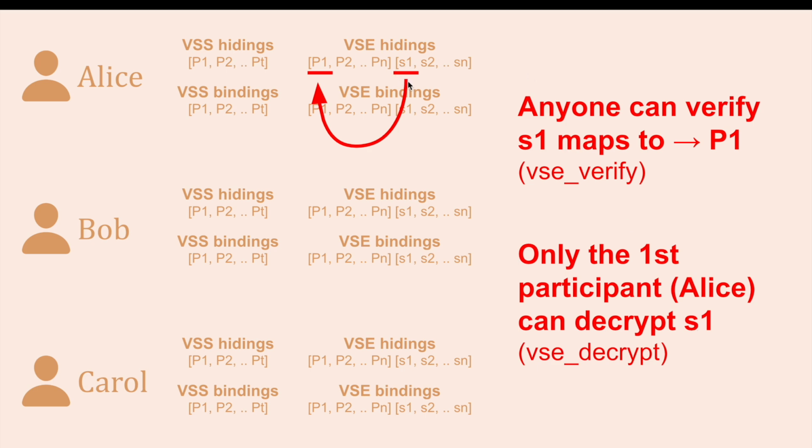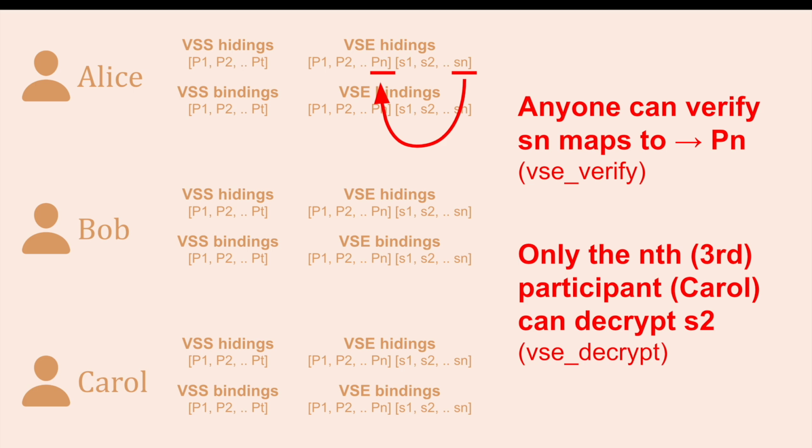So it's some scalar encrypted in a way only Alice can decrypt, but anyone can verify that it's valid. It's not some garbage data. And similarly, S2 is a valid scalar against P2, and it can only be decrypted by the second participant, in this case Bob. And Sn, in this case S3, is a scalar encrypted so only Carol can decrypt, but anyone, Bob, Alice, Carol, can verify it.